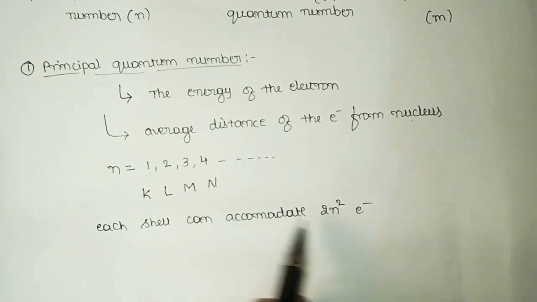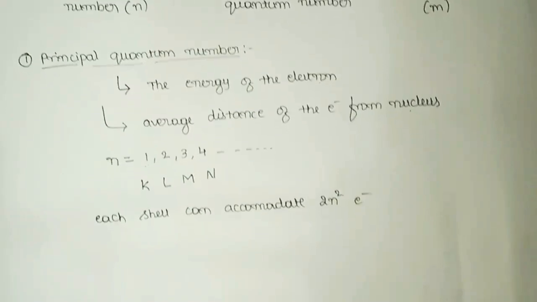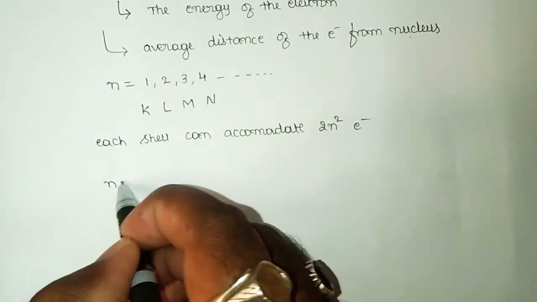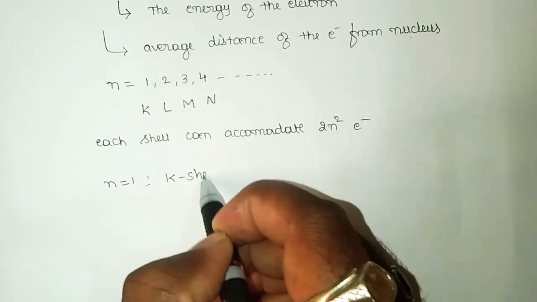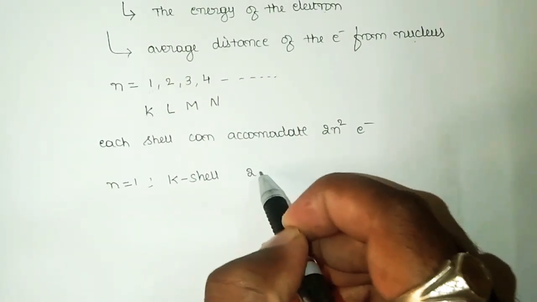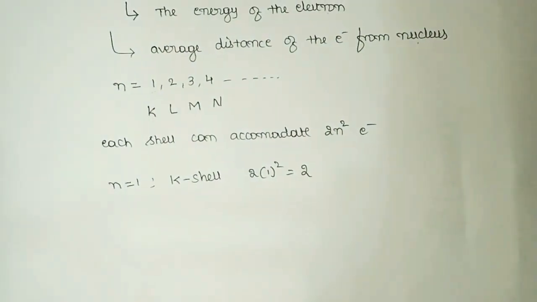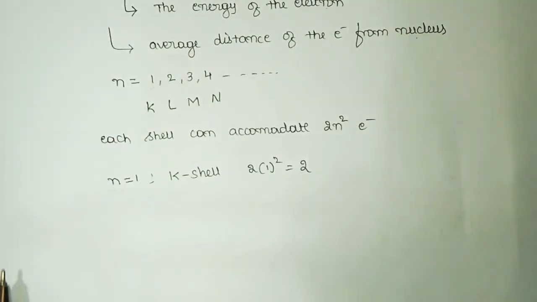Not more than this. Each shell can accommodate only 2n square electrons, and we shall verify that by applying the rule. For example, if n is equal to 1, that is the K shell. So 2n square is 2 times 1 square, that is 2. So a K shell can hold a maximum of only 2 electrons.